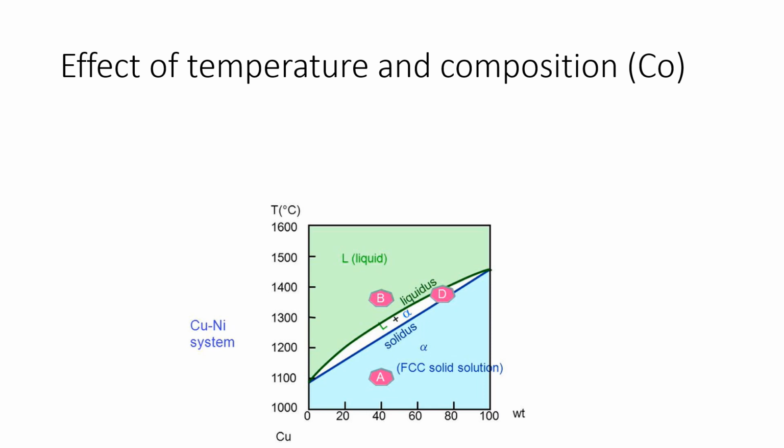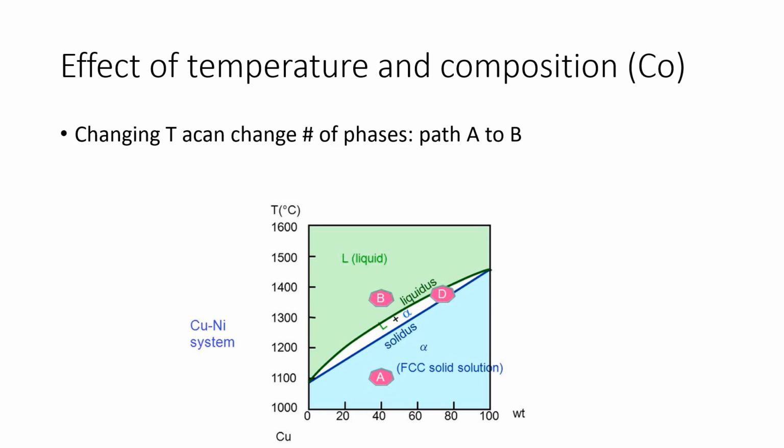Effect of temperature and composition. Changing temperature can change the number of phases. For example, the path A to B in the given copper nickel system.